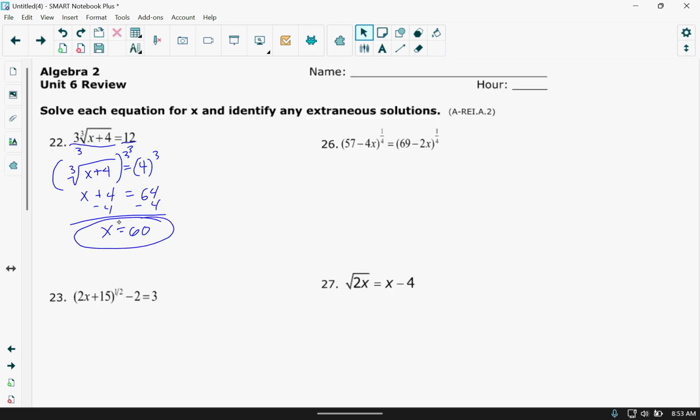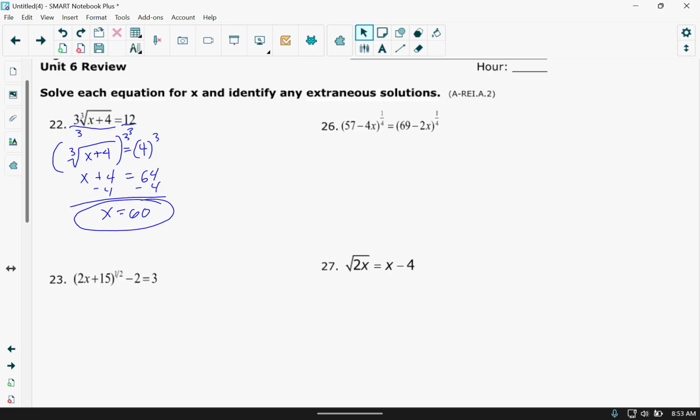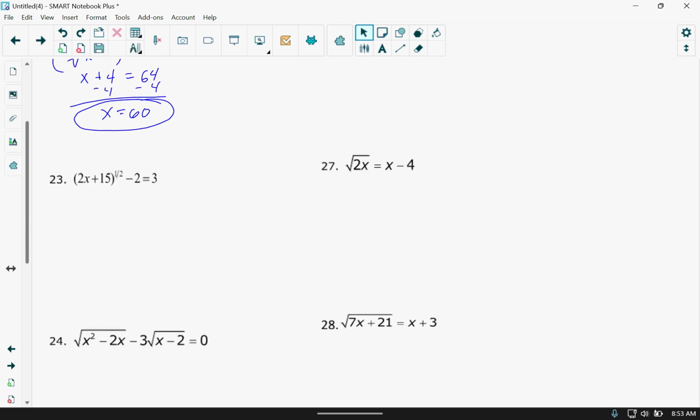Number 23 down below says 2x plus 15 to the 1/2 power minus 2 is equal to 3. Again, we don't want that minus 2 there, so I'm going to add 2 to get it to the other side first. So I have 2x plus 15 in parentheses to the 1/2 power, and that's going to be equal to 5.